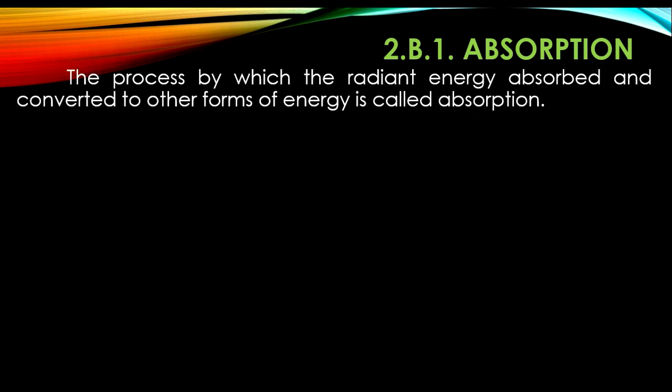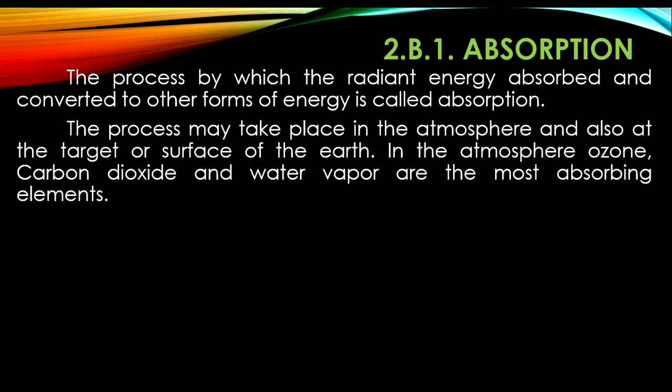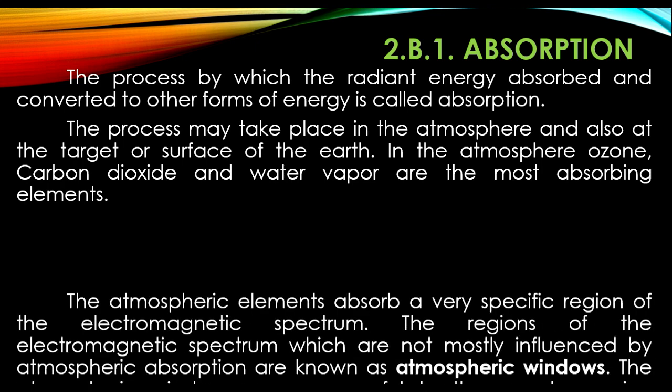Absorption is the process by which radiant energy is absorbed and converted to other forms of energy. The process may take place in the atmosphere and also at the target or surface of the earth. In the atmosphere, ozone, carbon dioxide and water vapor are the most absorbing elements.